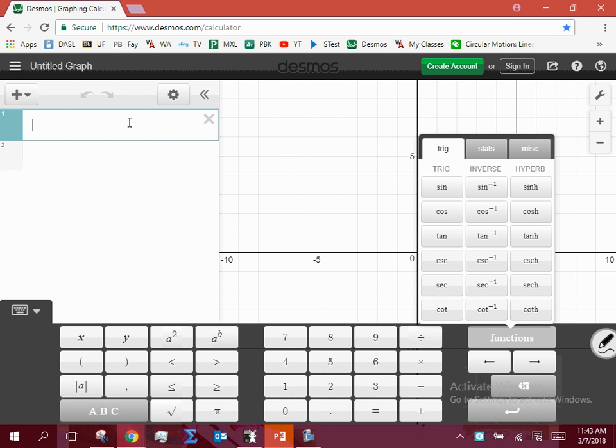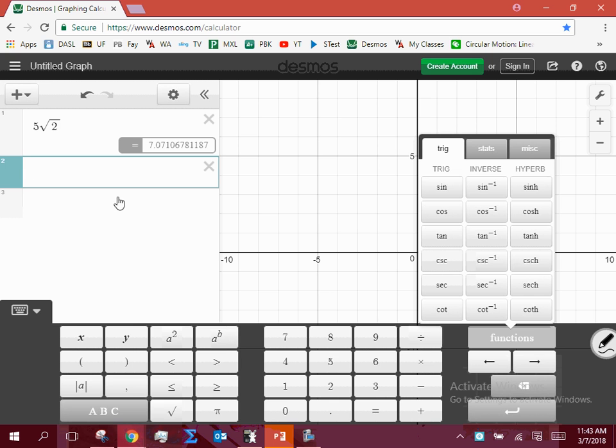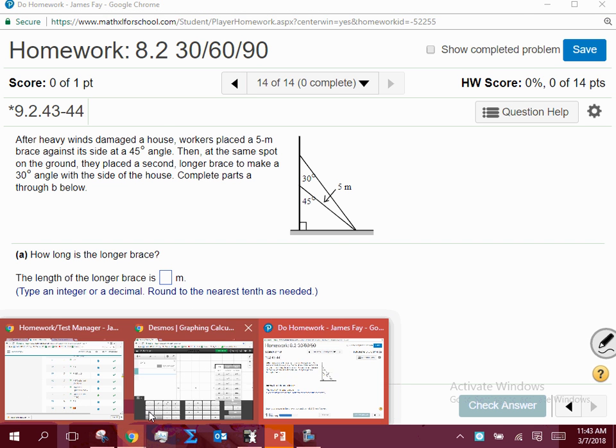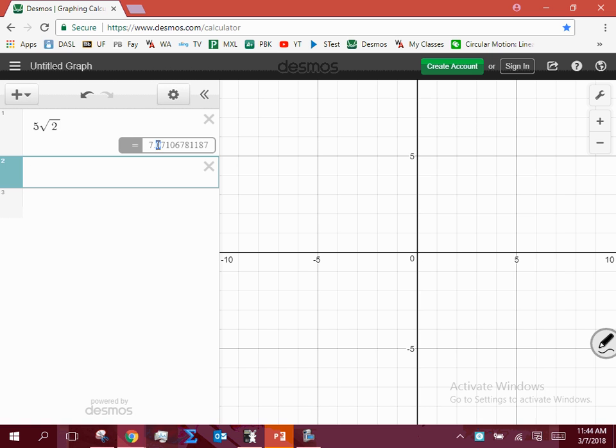So I'm just going to type in 5. Now you can use these keys down here, obviously, just like a normal calculator, but it also has shortcuts. If I type in the phrase SQRT, it'll automatically put that in there, and I want it to. So 7.07 is what we're looking for here, and they say type an integer or a decimal, round to the nearest tenth as needed. So we had 7.07. That's my tenths place, right? The 0.